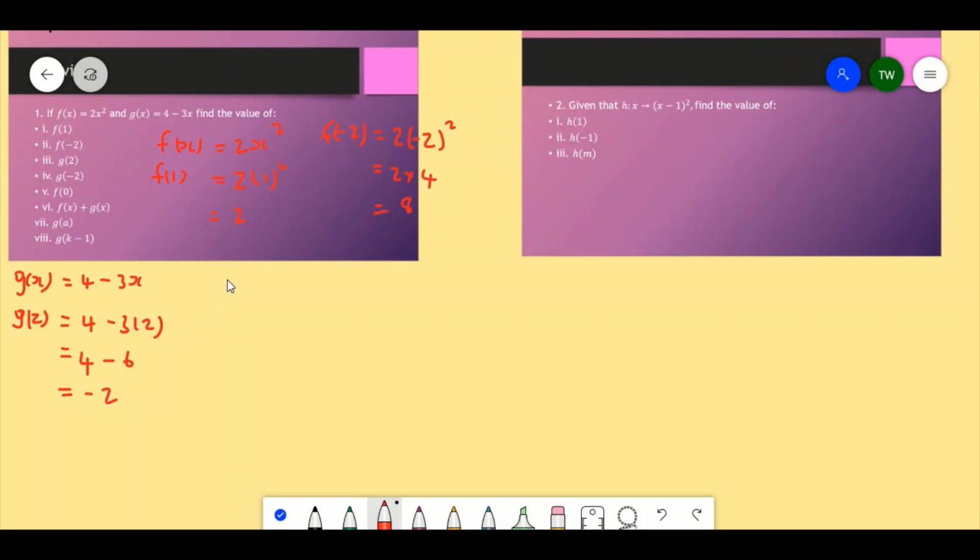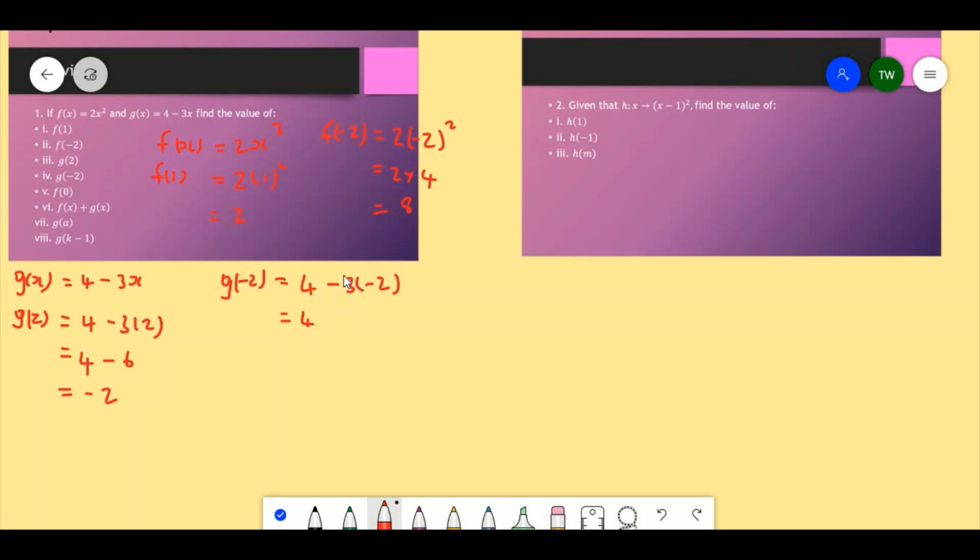We're also asked to find g of negative 2. So g of negative 2 is going to equal 4 minus 3, open bracket, negative 2. Simplify this, we get 4.